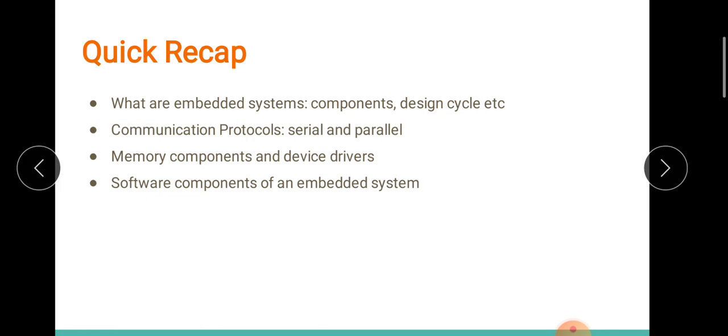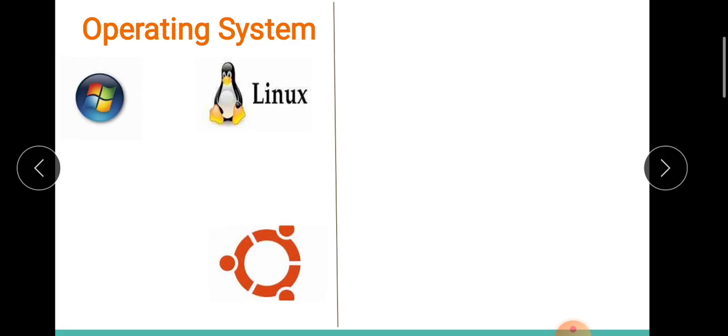Now let's get into our fifth module, operating systems. This word operating system, I'm pretty sure it's familiar to all of you. For you, an operating system may perhaps be a Linux operating system, it may be Windows, Ubuntu, the Android operating system or even Mac OS.